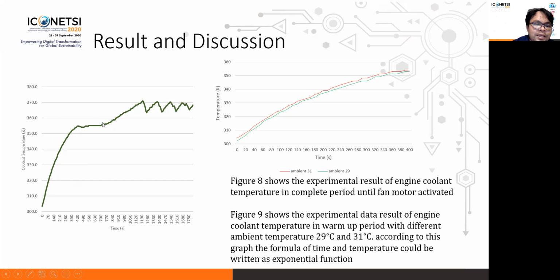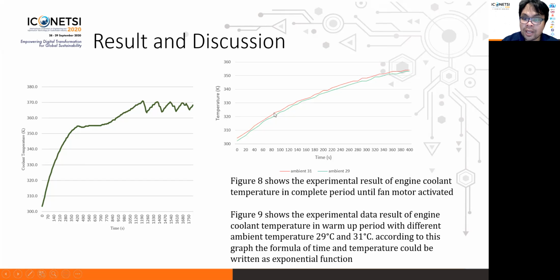And after the heat comes from the engine, it rises, and then the fan is on at this point, on, and then off, rise again, and so on. I used two different ambient temperatures for my experimental data: 31 Celsius and 29 Celsius.